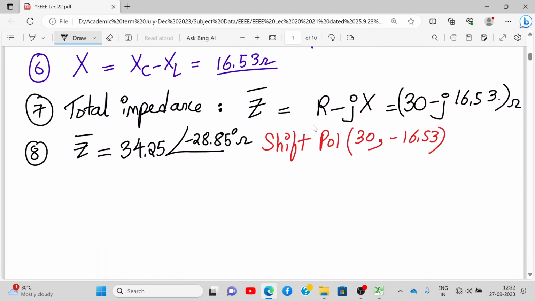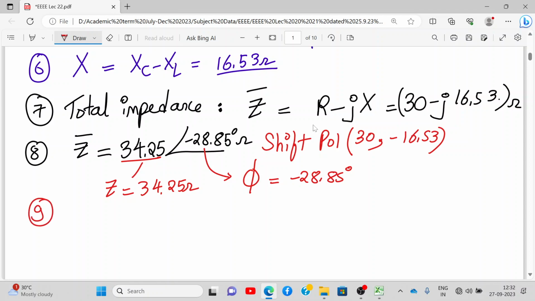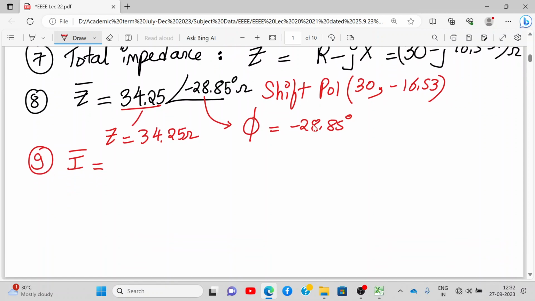What is the phase angle of the circuit, phi? Yeah, this is phi, minus 28.85. And this is Z, 34.25 ohms. Now, what will you do? You require the circuit current. What is circuit current? V by Z. So I bar will be V bar upon Z bar.